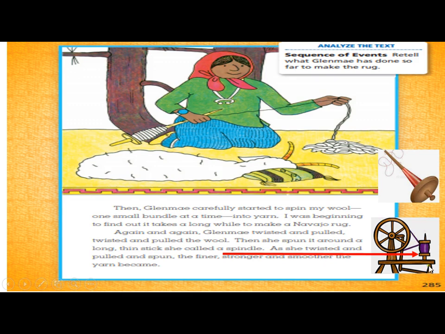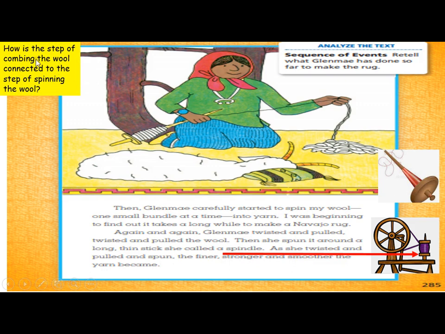It keeps spinning to keep twisting the wool around the spindle, and at the end of the day it will be a bundle of yarn. As she twisted and pulled and spun, the finer, stronger, and smoother the yarn became.